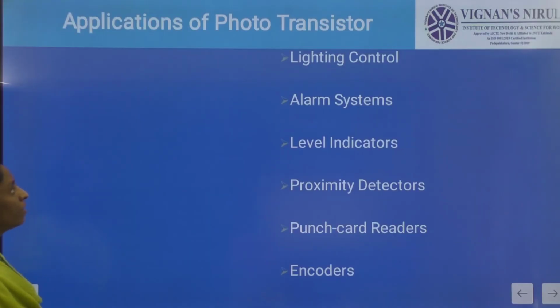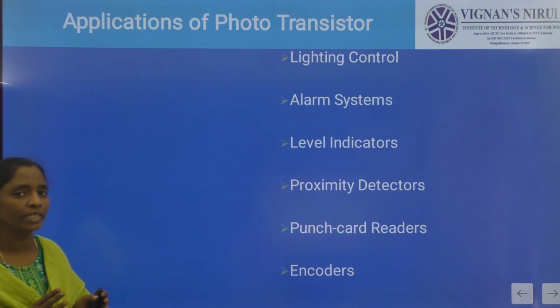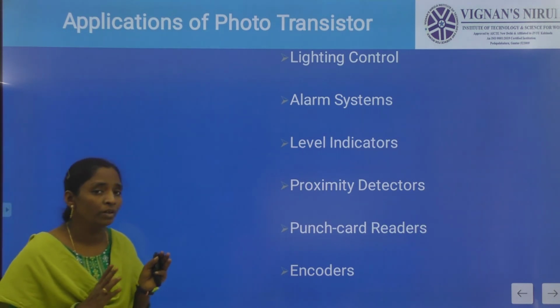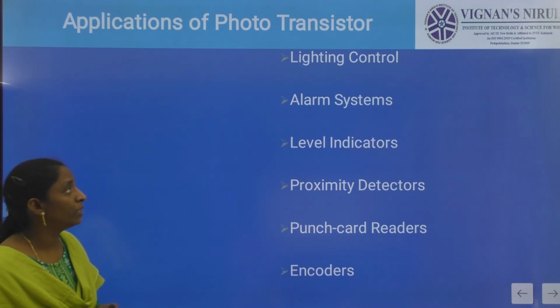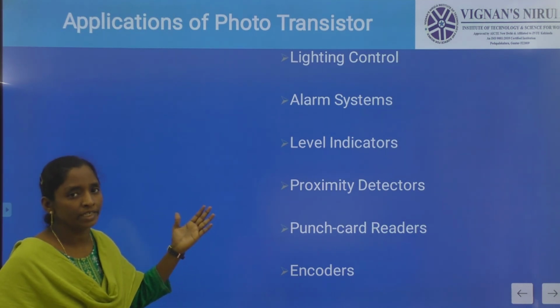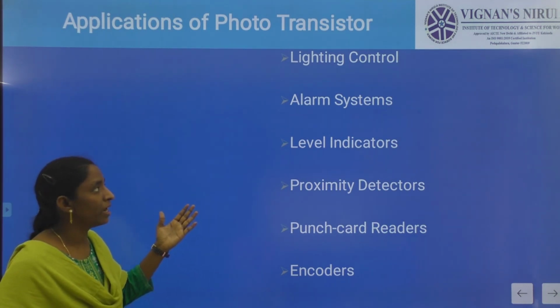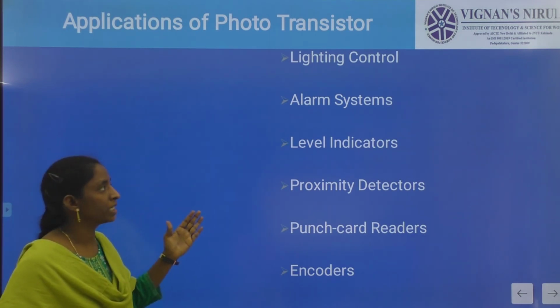Okay. Applications of the phototransistor. The output of the phototransistor is sufficient to drive control applications. So it is used in lighting control, to control the light intensity of any device. It is used in alarm systems, to sound the buzzer.